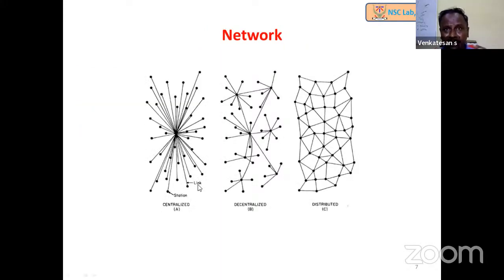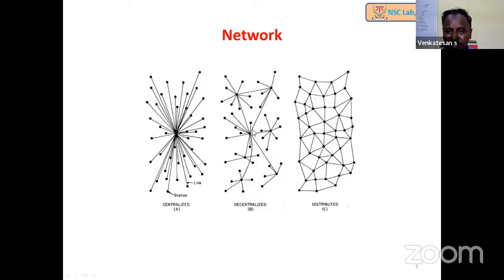If we see the network, normally we have these three: centralized, decentralized, and distributed. As we are discussing decentralized ledgers, the centralized form is not used. And next we can see the representation in the form of decentralized. In case of centralized, we talk about the failure. If this node gets compromised or is not available, then the entire network will be down.